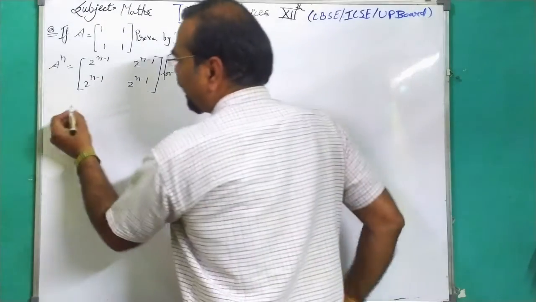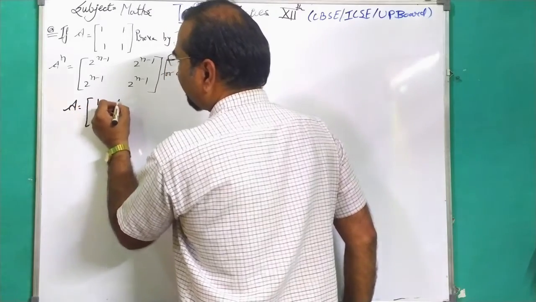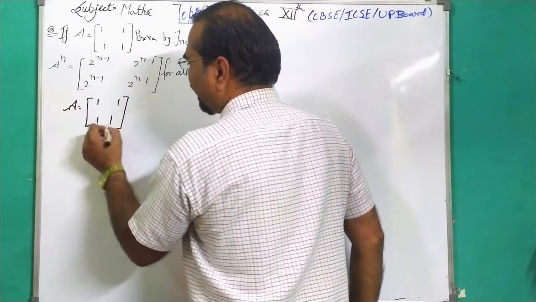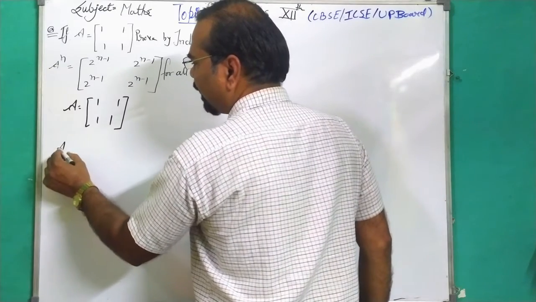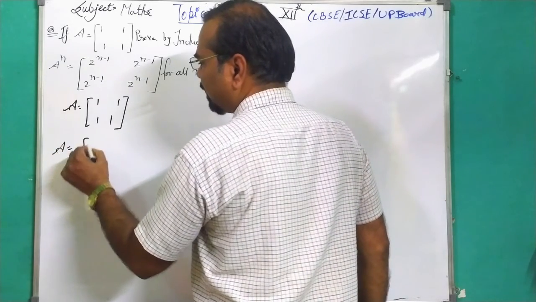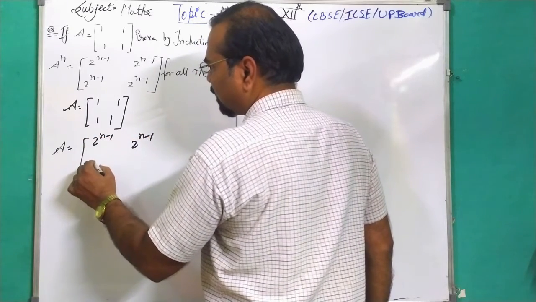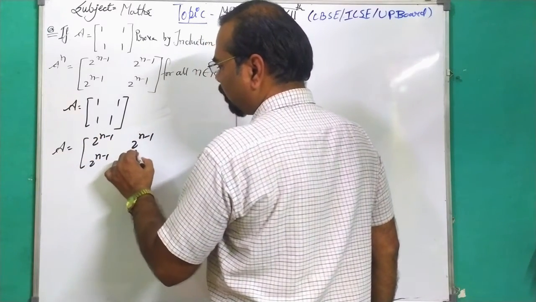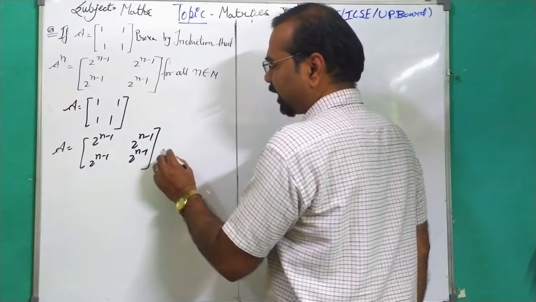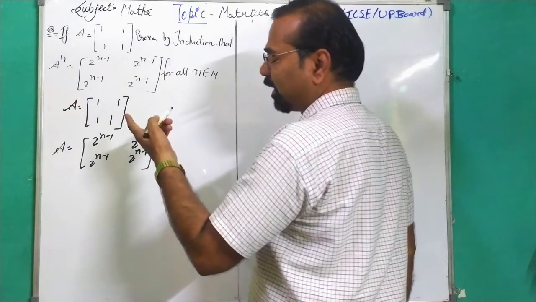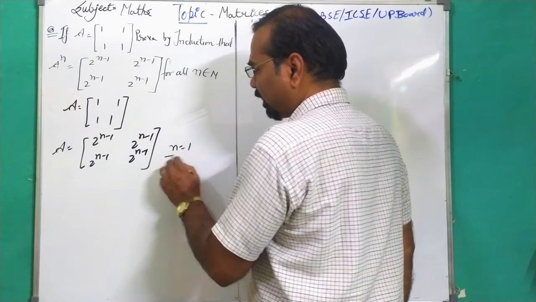Here A is given as [1 1; 1 1], and the value to prove is that A to the power n has every entry 2 raised to the power n minus 1. According to the principle of mathematical induction, first we check whether it is true for n equal to 1.